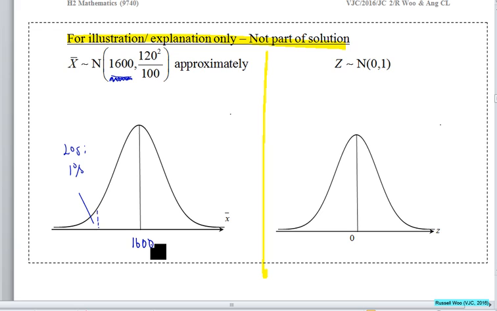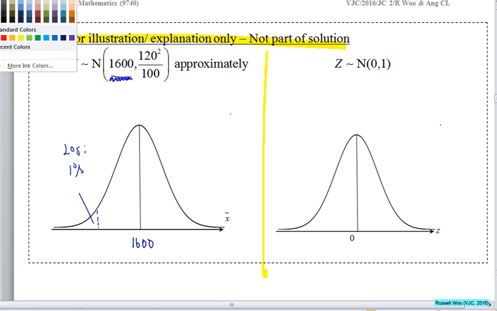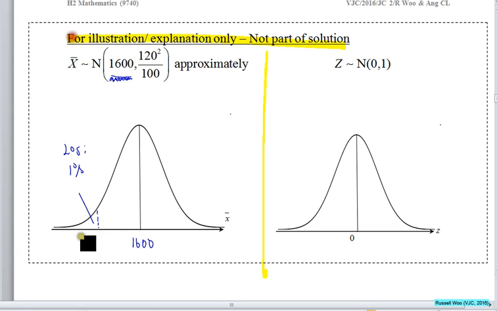Then we say, okay, I got my sample mean to be 1570 here, and we found out that this area was 0.00621, and actually this is the p-value.